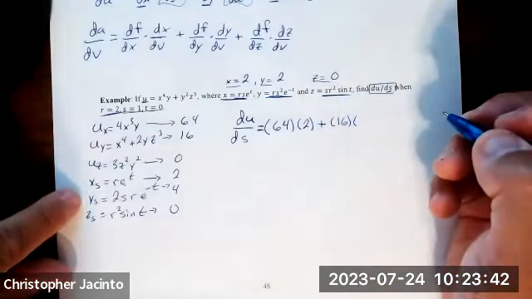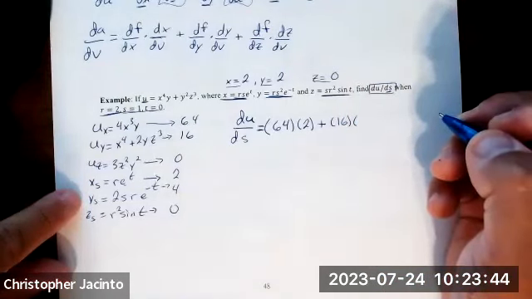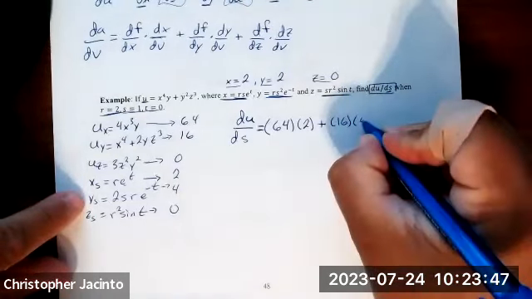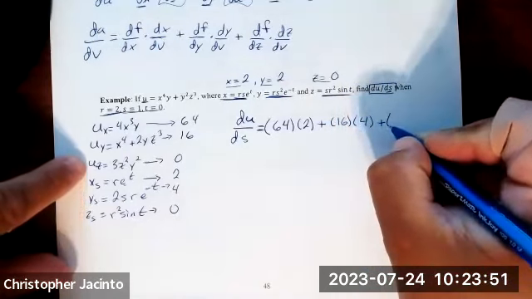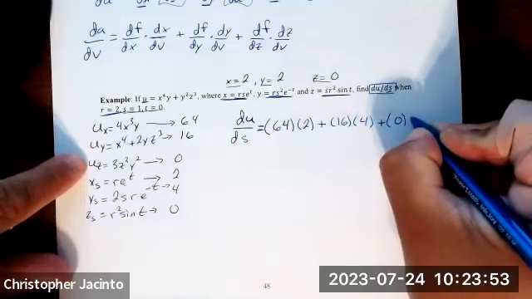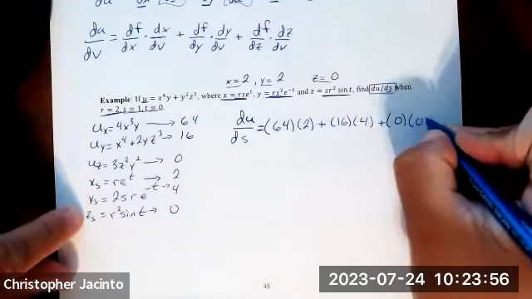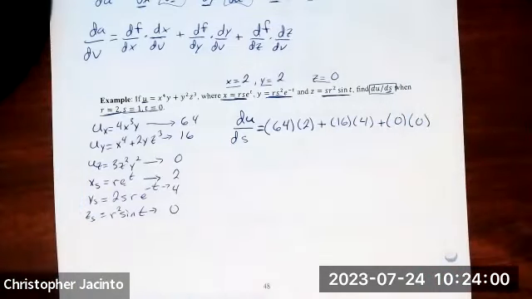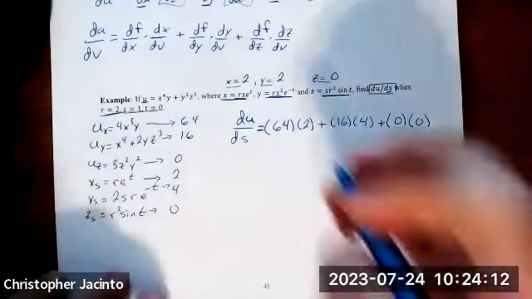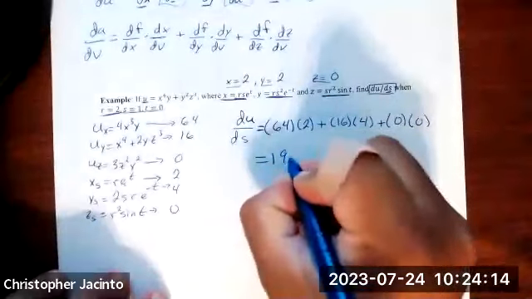Where am I? Yeah, this one plus this one times this one. And now at this point, we just multiply and add together. I got 192.